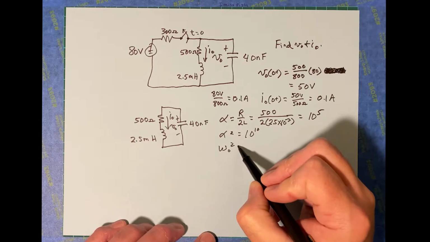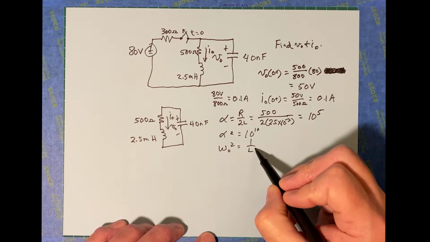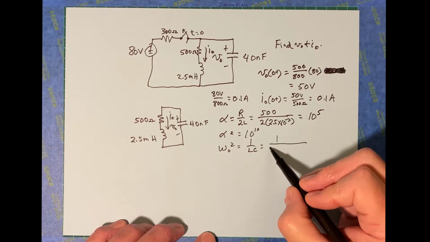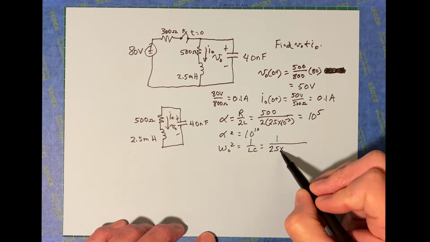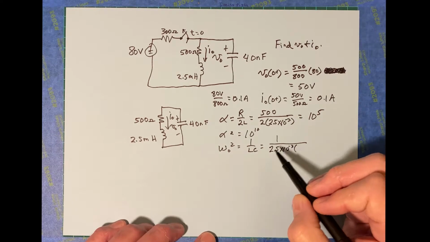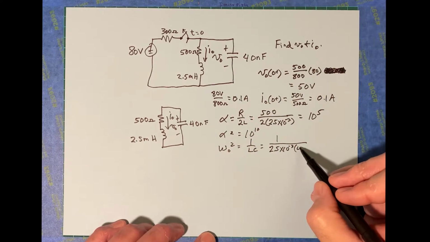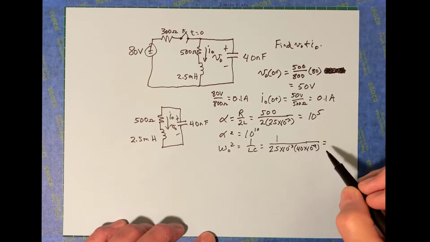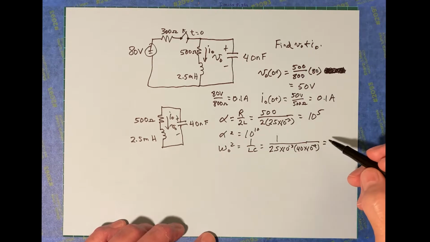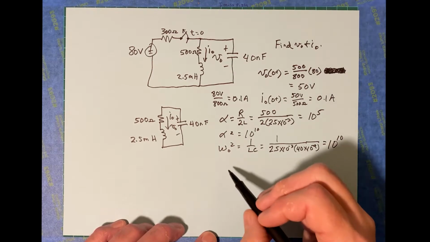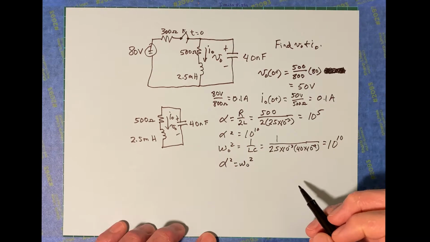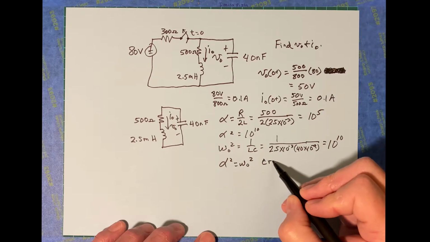Omega naught squared is 1 over LC, which is going to be 1 over 2.5 times 10 to the negative 3 times C, 40 times 10 to the negative 9. And that turns out to be 10 to the 10th. How about that? Alpha squared is equal to omega naught squared. So which case is this?